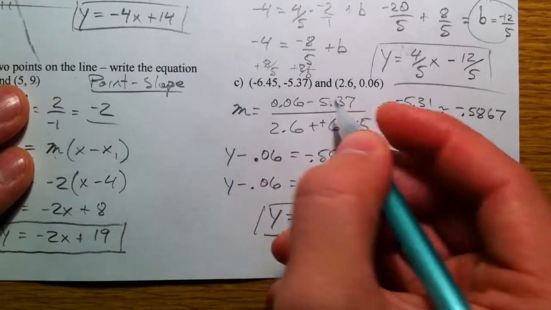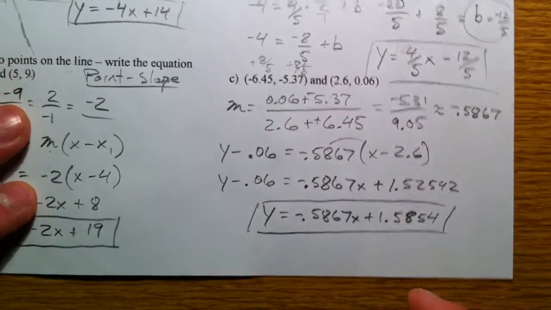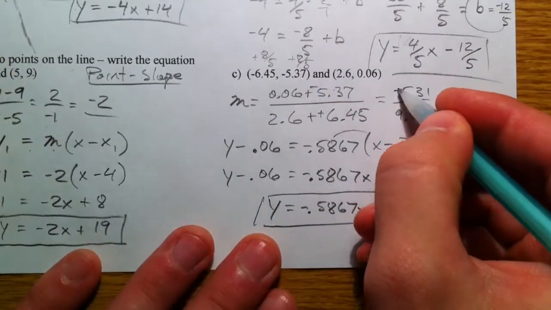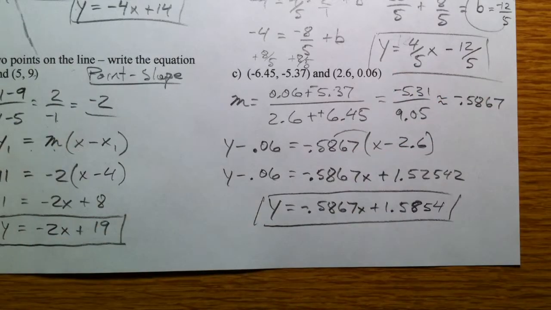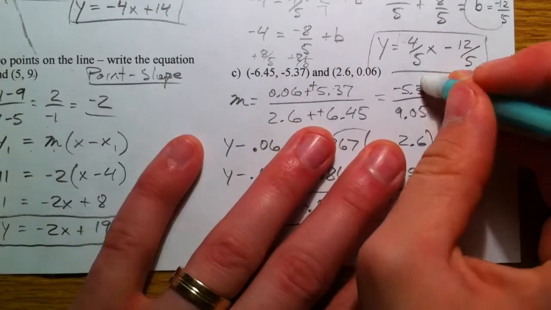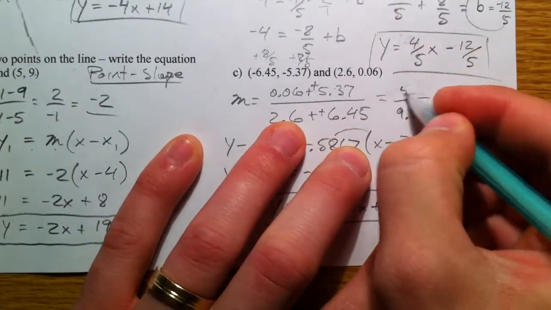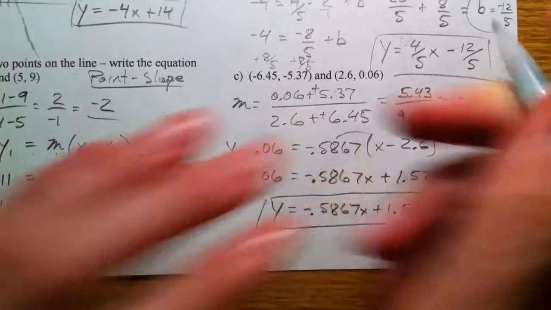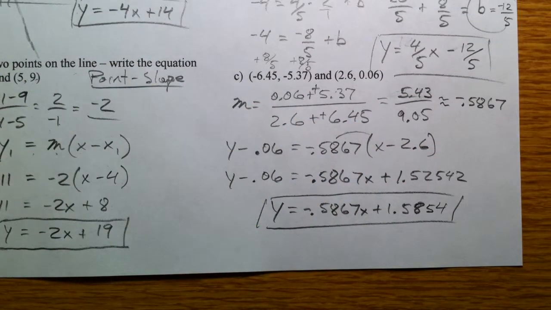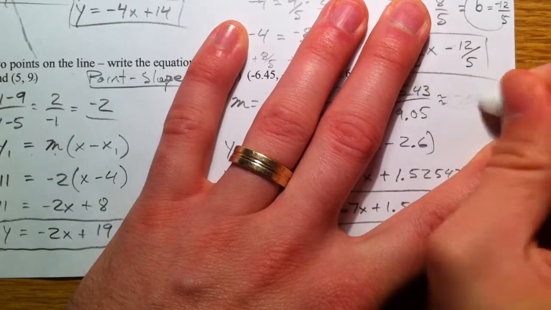Oh no. And I said be careful with the negatives, but I wasn't. So, this is really 0.06 plus 5.37. And that's much easier. Wow.